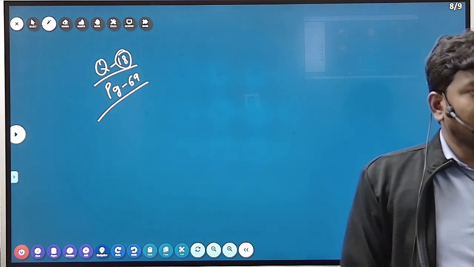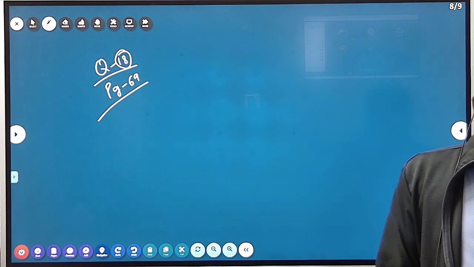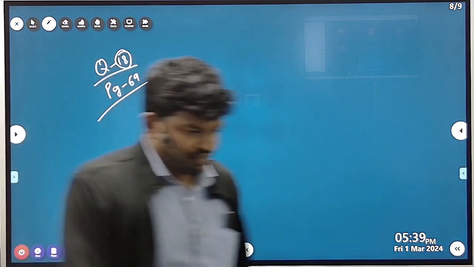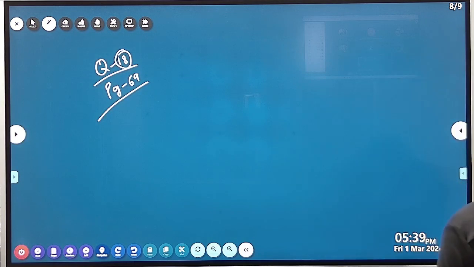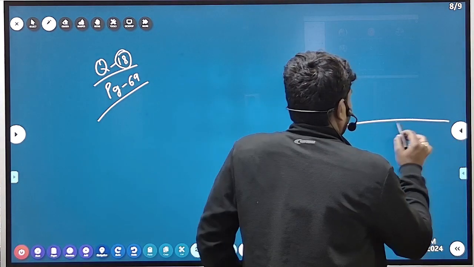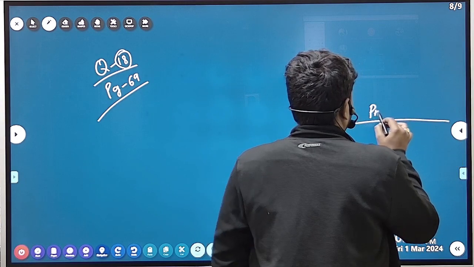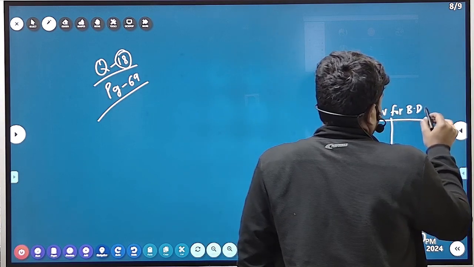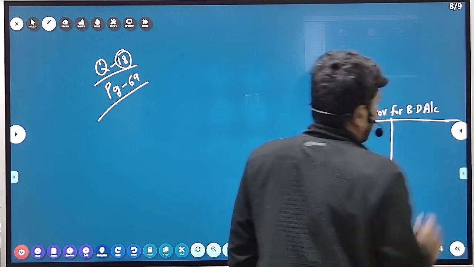Yes, sir. Read this question. On 1st April 2021, the balance of provision for bad and doubtful debts was 13,000. Okay, 1 second. Provision for bad and doubtful debts. This is the provision for bad debts account.